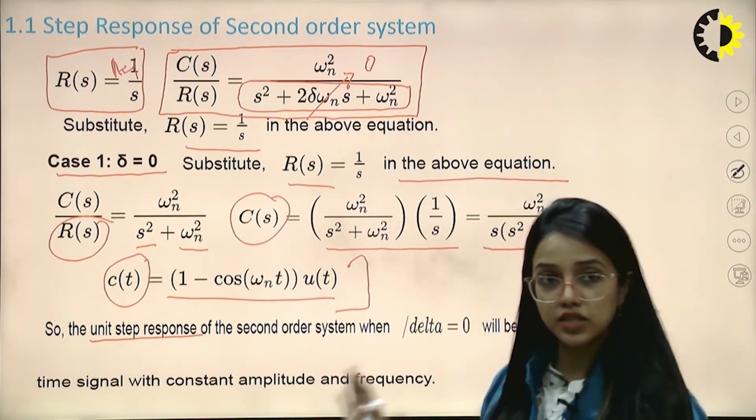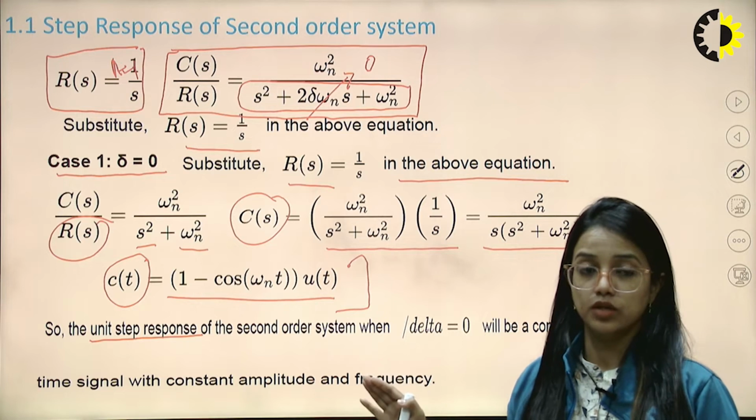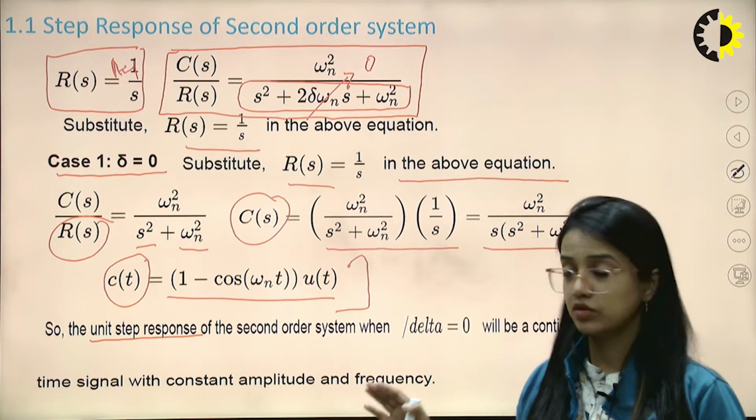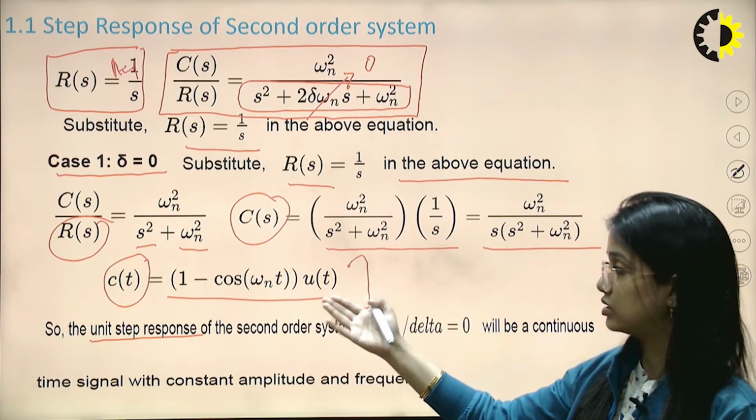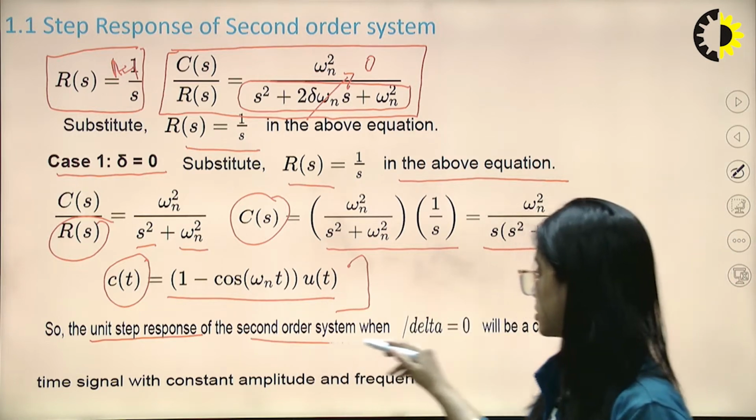So unit step response for a system when zeta equals 0 is c(t) equals 1 minus cos omega n t u(t) for a second order system.